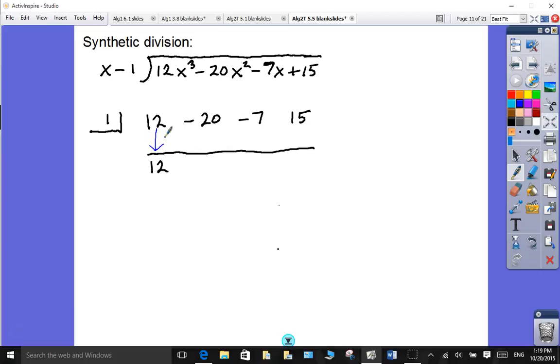Now everything is all lined up. These are the steps to do synthetic division. You multiply the 1 times 12. That's a multiply. And you put the result here.